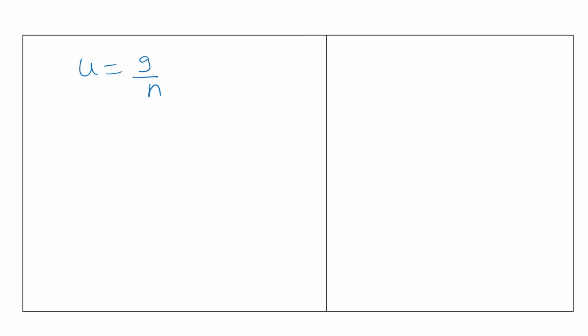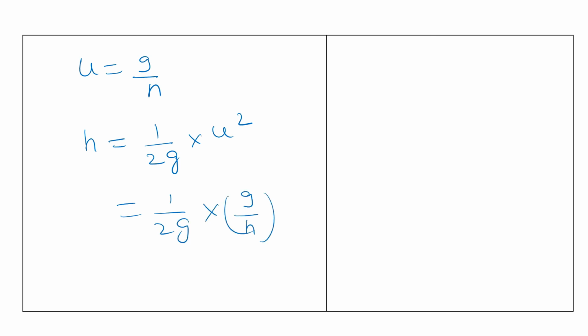So substituting this u value in the above equation, that is h is equal to u square by 2g. So 1 by 2g into u square. U square is nothing but g by n whole square. So 1 by 2g into g square by n square.